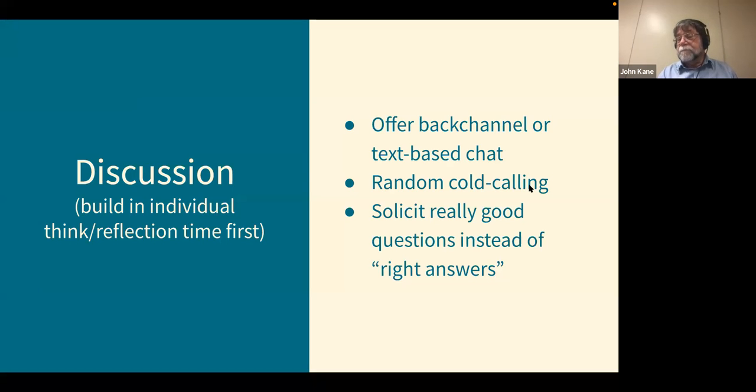And random cold calling is another way of soliciting discussion participation that can be intimidating for students who may not always feel that comfortable with it. I saw a post, I think it was yesterday, in the pandemic pedagogy group, where there was a student who had some trauma issues in the past, and that had been relayed to the instructor.